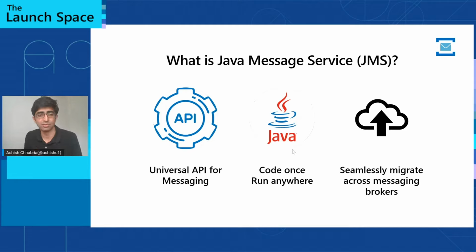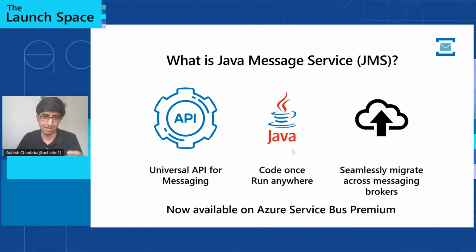It fits in with the Java credo of code once and run anywhere, which means your application code looks exactly the same, and you can run it locally against one message broker. In the cloud, you have a different setup available, and all that is managed through your configuration itself. And like the last point says, you can seamlessly migrate across different messaging brokers, with the same concept of write once, run anywhere.